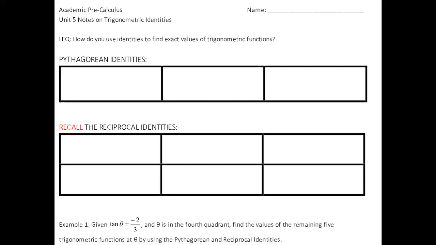But the Pythagorean identities, the more popular one is the one we've used a couple times now. That's sine squared plus cosine squared equals 1. And then our two derivations of that, the first one would be 1 plus cotangent squared equals cosecant squared.